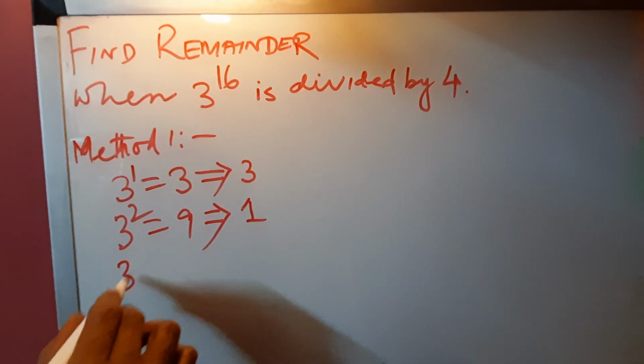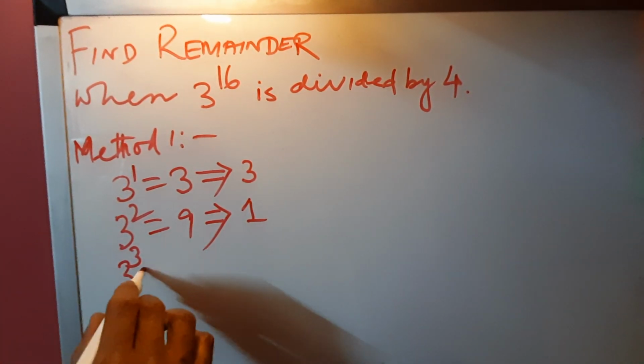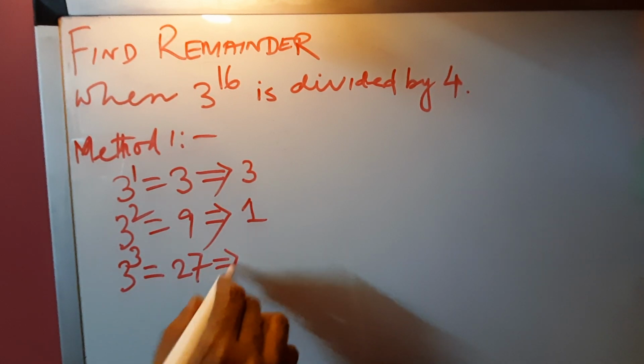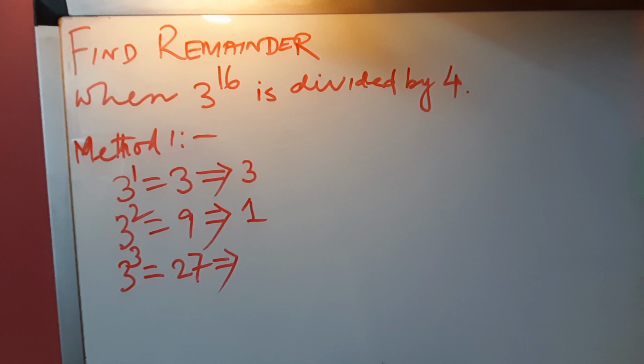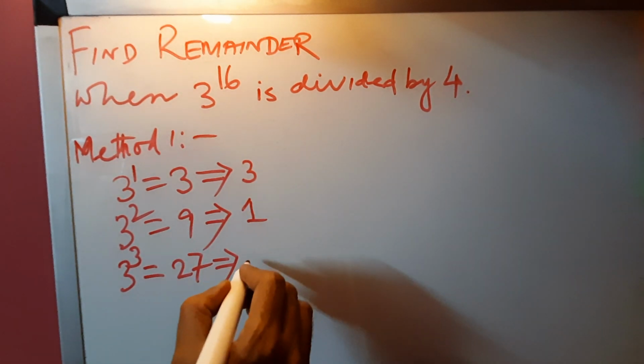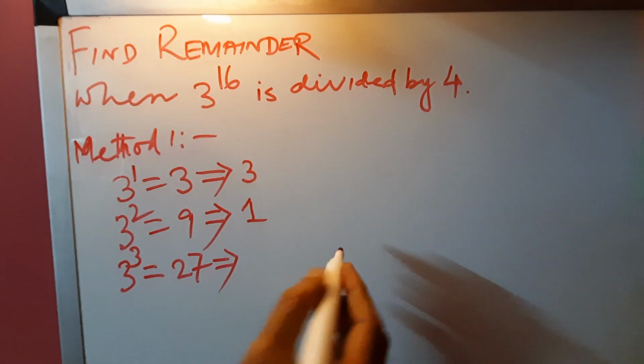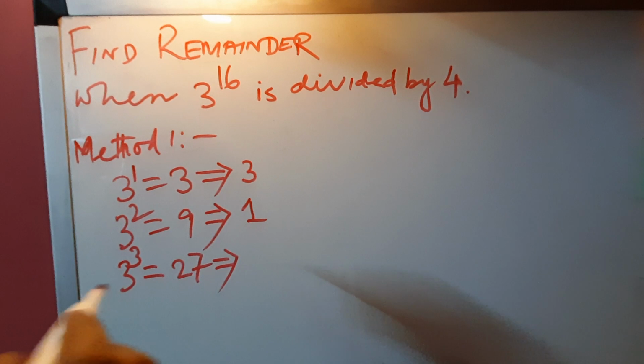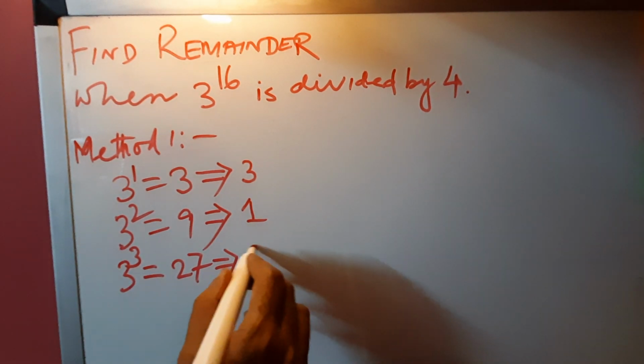Now 3 cube. 3 cube means 27. If we divide 3 cube by 4, what will the remainder be? The remainder will be 3.